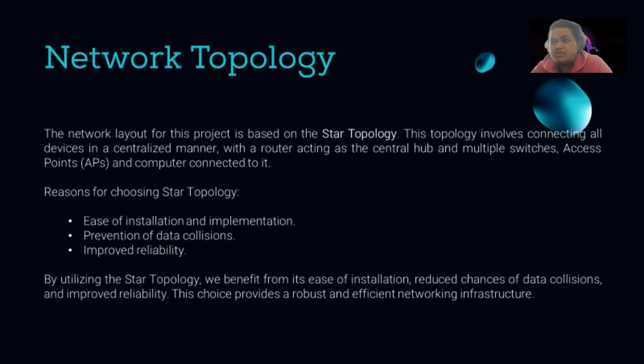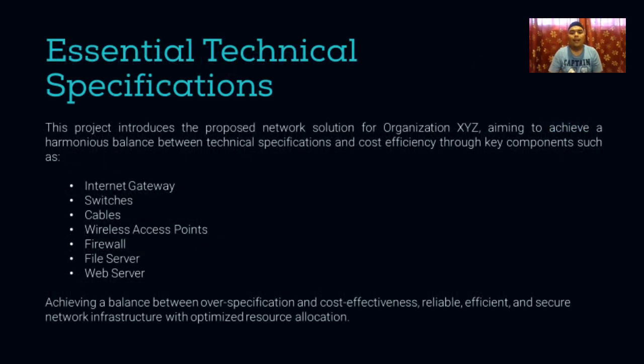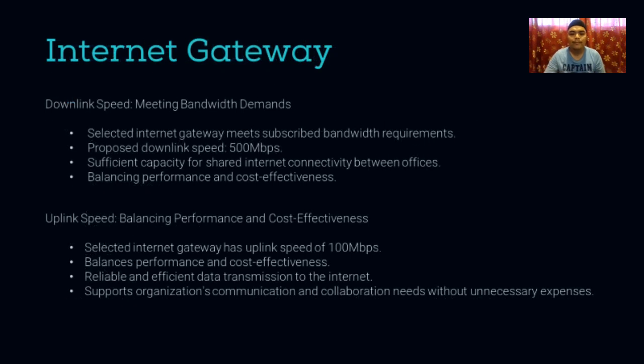Now let's move on to Task 1B. Hi everyone, today I'm excited to present the proposed network solution for organization XYZ. We have carefully considered the technical specifications and cost efficiencies to meet the organization's needs. Let's dive into the details.